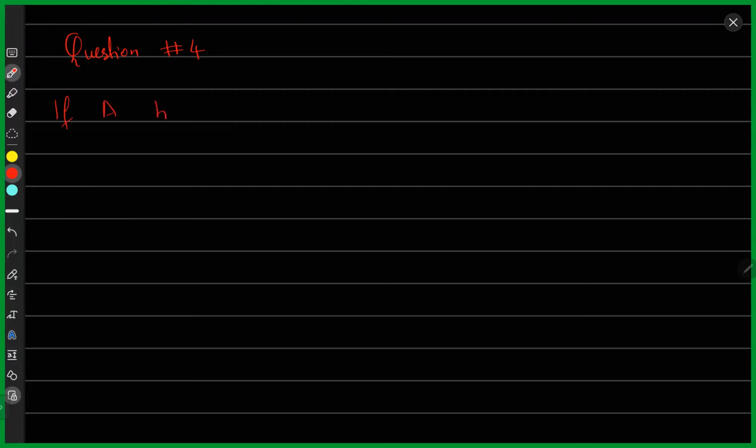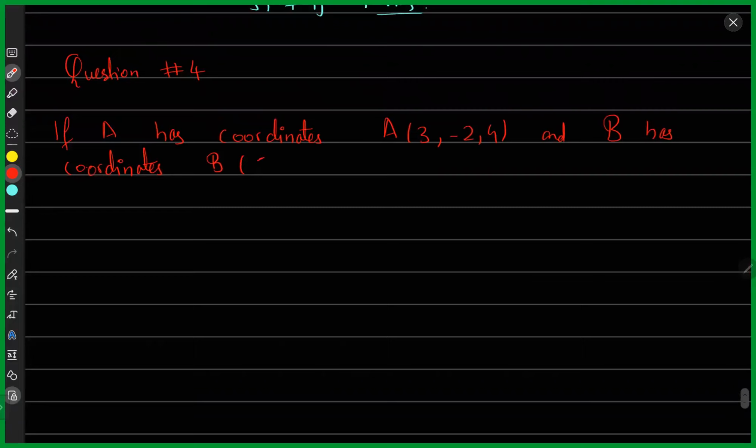It says if A has coordinates 3, -2, 4, and B has coordinates 5, -3, and 2, find as column vectors AB and BA.